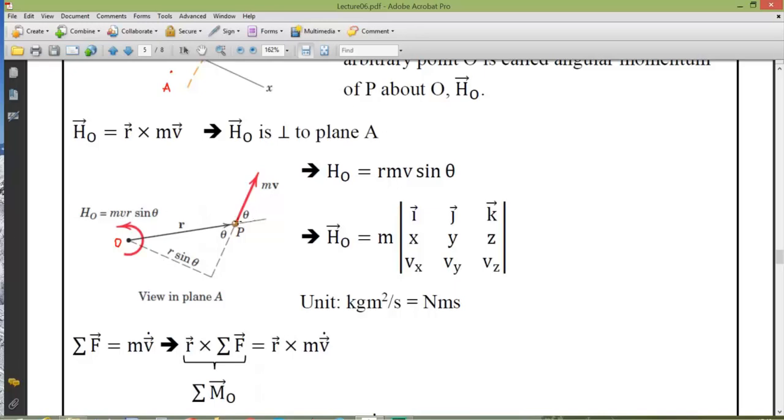And in this way, either you say this is r sine theta times this perpendicular, so we have this perpendicular relationship here, so that we are able to find the cross product, or you can find the component of mv right over here, and let me just show you the theta angle. Theta angle is right over here, so this is mv times sine theta. So this part is mv sine theta.